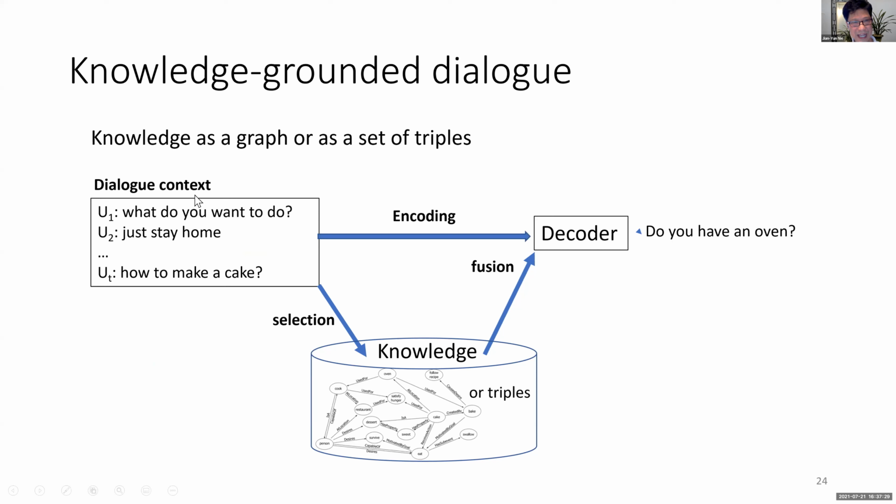You still have a dialogue context, and you can do some encoding and then decoding. And here, the decoding will be based on some selected knowledge. So there is a fusion process of the knowledge together with the information encoded in the system to produce an answer. So this is generation-based dialogue based on knowledge.